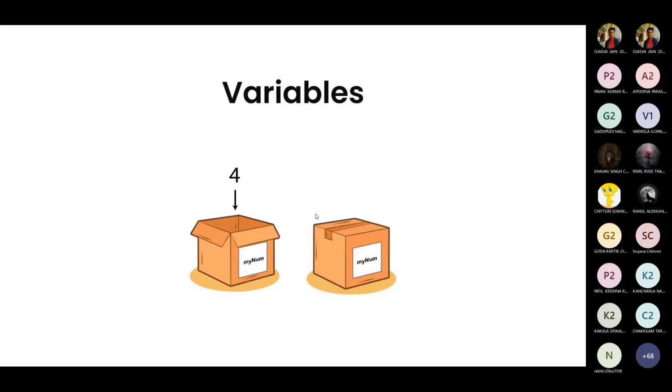Just next slide. Yeah, variables. Now, what is meant by variables and how do we store values inside variables and all those things? Let's discuss these things. You can think of a variable as a box. Let's say I have the number five. I need to store that number 5 in some variable so that I can use it further in my code.